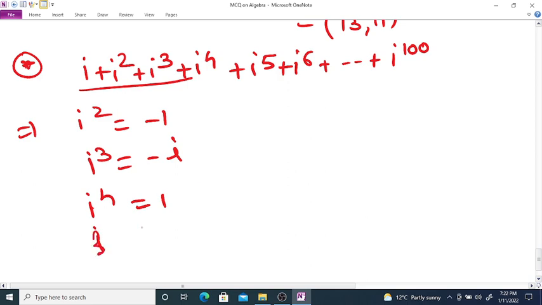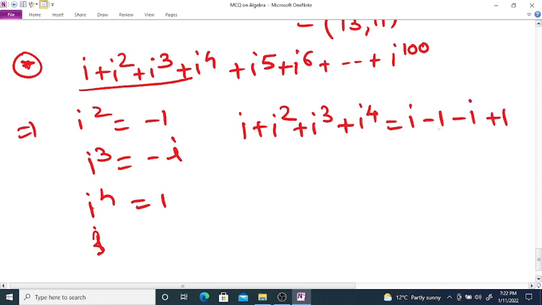So if we add the first four terms, i plus i square plus i cube plus i raised to 4, then it is equal to i minus 1 minus i plus 1. So the plus 1 and minus 1 get cancelled, and i minus i gets cancelled, so this is equal to 0.